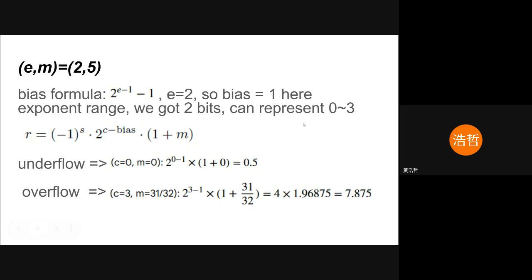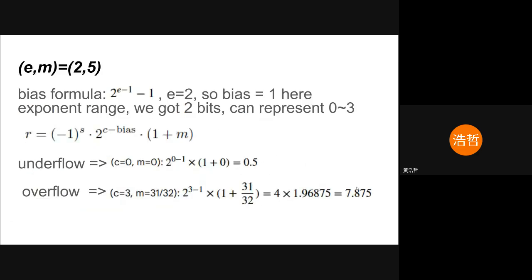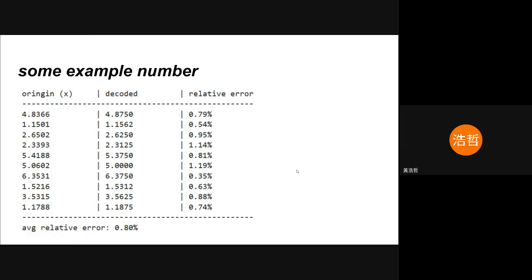And we put the number in this formula, we can get the smallest number is 0.5, and the largest number is 7.875. Okay. Very good. And I put several numbers in this range, in 0.5 to 7.875 to get this number.